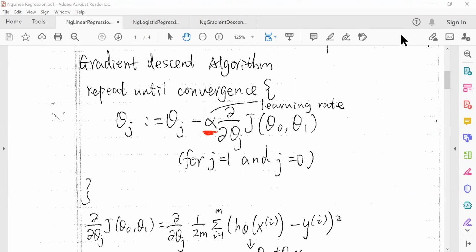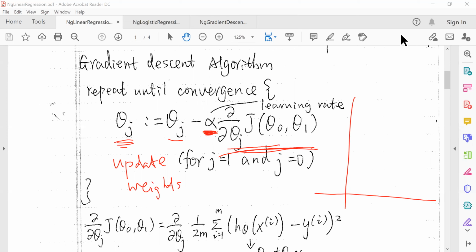Then we take the derivative of the cost function, use that derivative times the learning rate, and then we can update the weights. From this diagram you can see you start with some initial weight, and then you use the delta W. How do we calculate delta W?